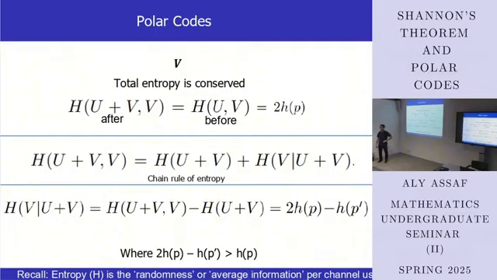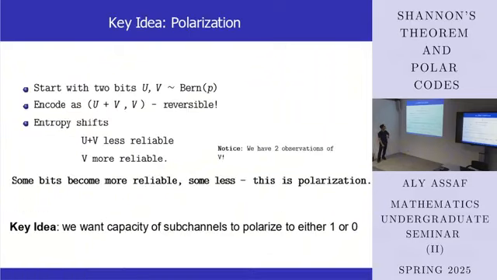I believe Arikan has proven that the bit which is the u plus v bit gets more and more unreliable, and the bit that is just v gets more and more reliable. Well, he proved it only once. If you go to the next slide, or the one before.